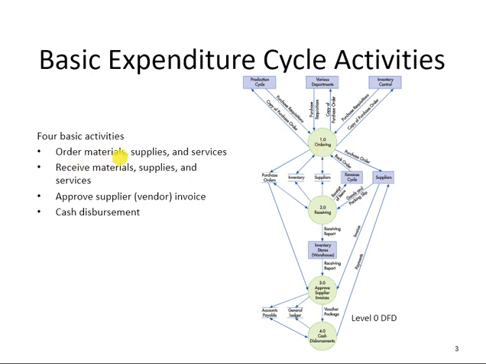We can order materials, supplies, and services. Then we have receiving, where we receive materials, supplies, and services. Then we move to approving supplier invoices, and finally, the cash payment. So we're going to talk about these details when we cover the specific activities.